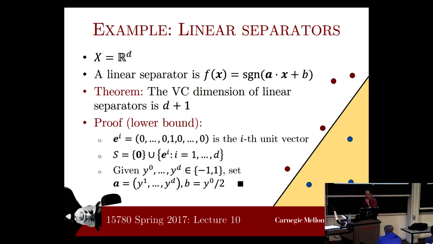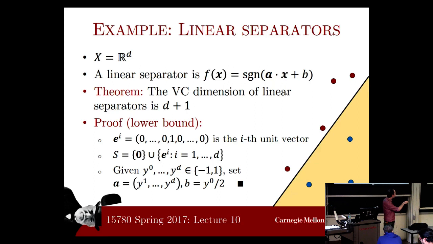So I want to try to shatter this set S with my function class of linear separators. And here's how I'm going to do it. Now the game is you give me a labeling and I try to achieve that labeling. Let's represent the labeling that you give me by d plus 1 numbers y0 to yd. So y0 is the label that you want the all 0 vector to have.